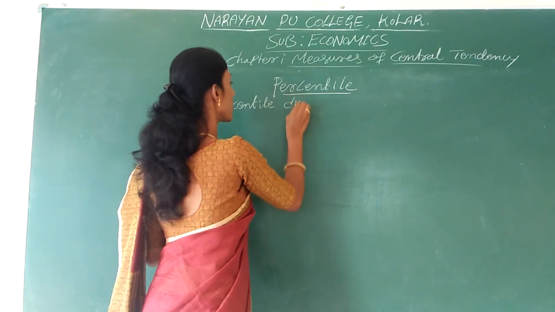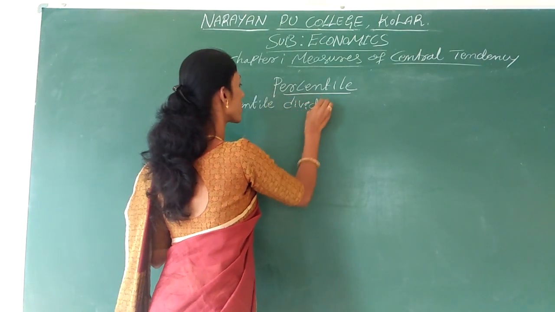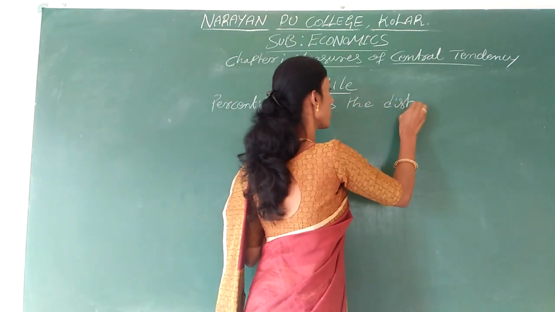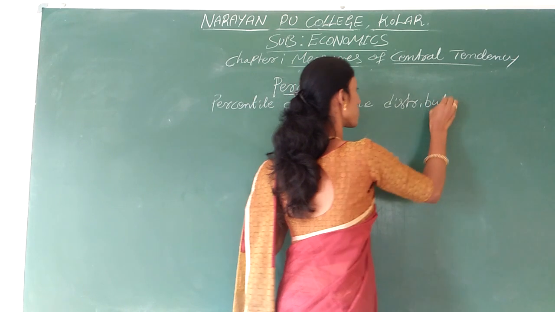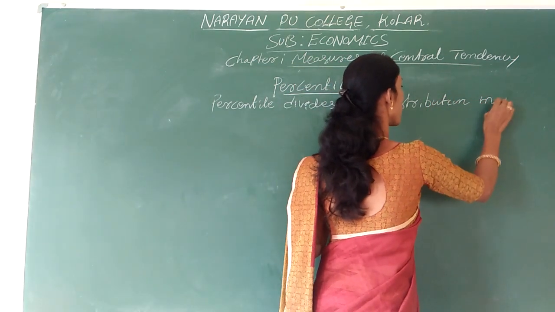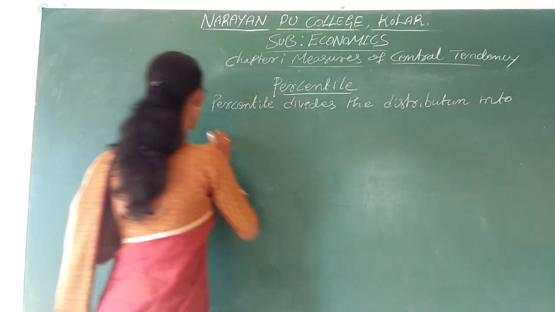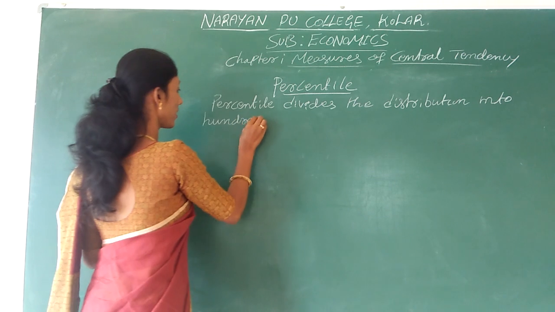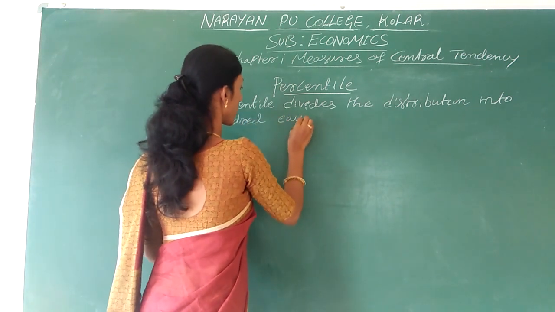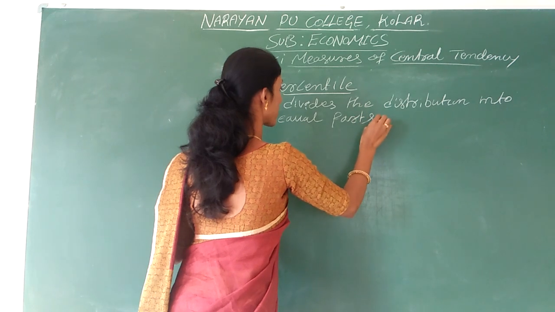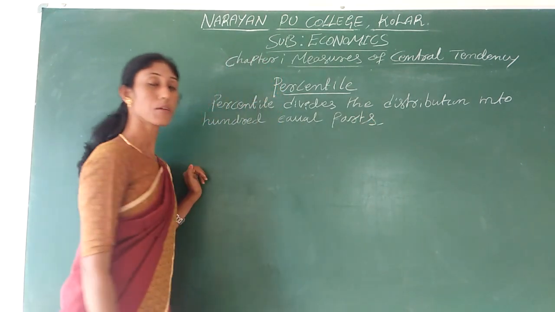Percentile divides the distribution into 100 equal parts. This is what percentile is.